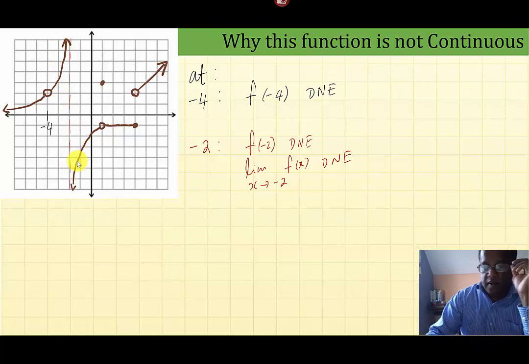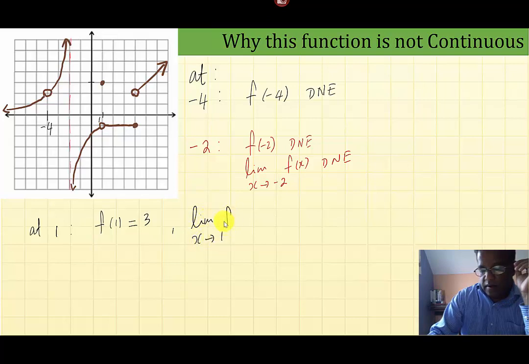And then it is not continuous at 1 because we have f of 1. What is f of 1? F of 1 is this point, which is 3. We have f of 1. Also, the limit as x goes to 1 of f of x exists.